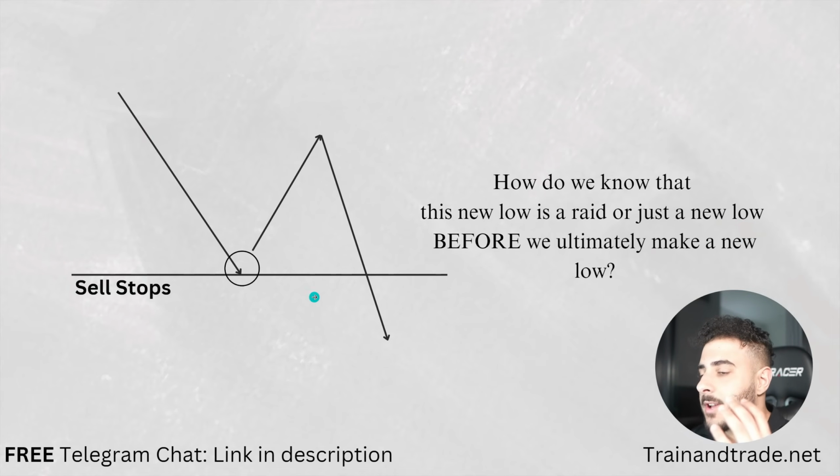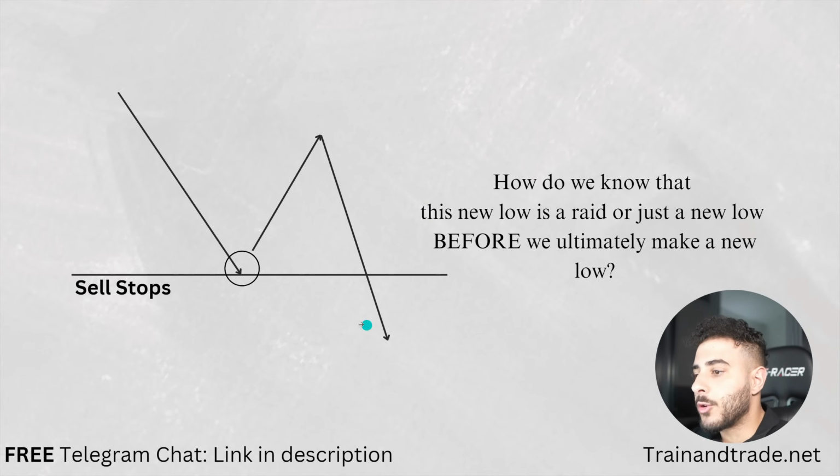Now, how many times have you guys been in this situation where price has a swing low, we have an impulse push up, and then we have a drop lower? How many times do you ask yourself, is this going to be a raid where price pushes higher and takes out the high? Or is this going to be a scenario where this is essentially just an impulse push up before we make a new low?